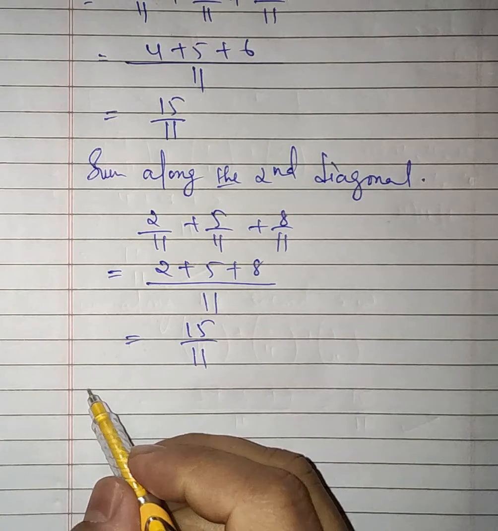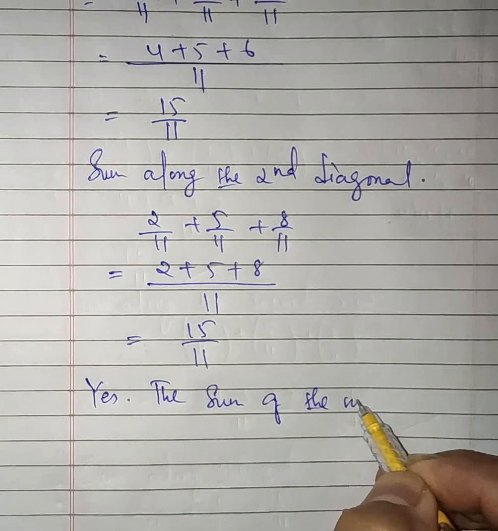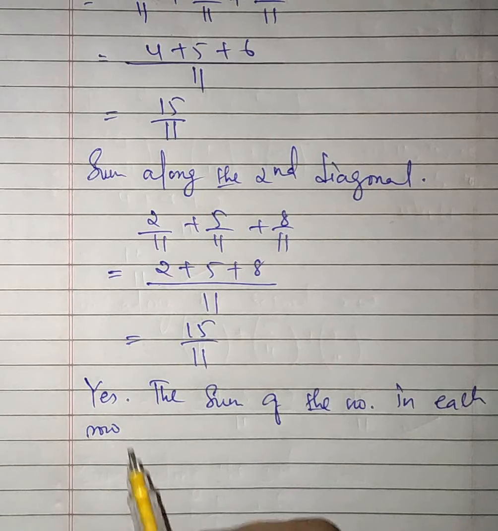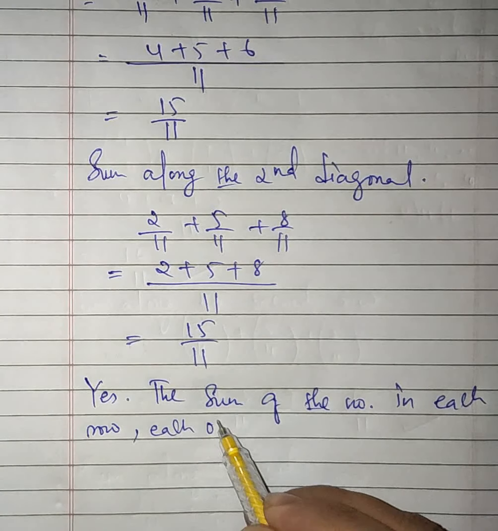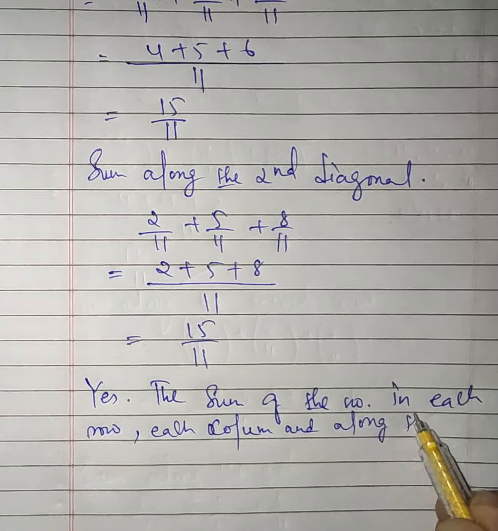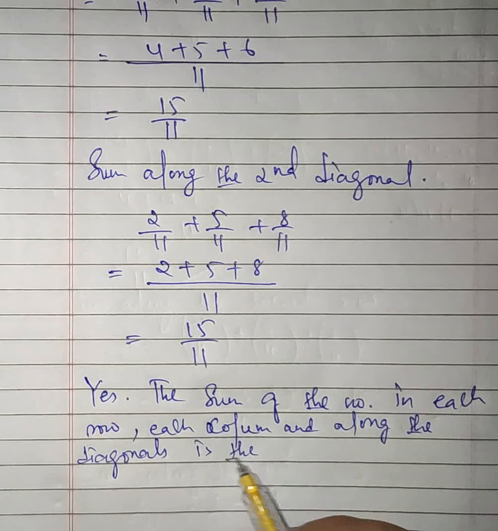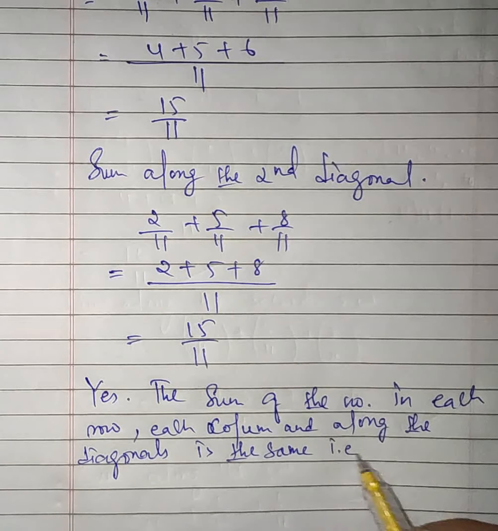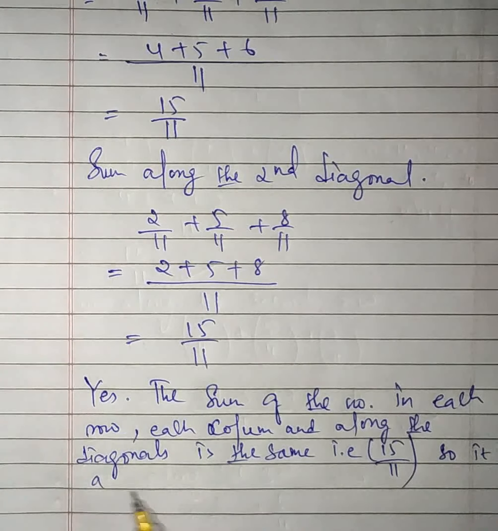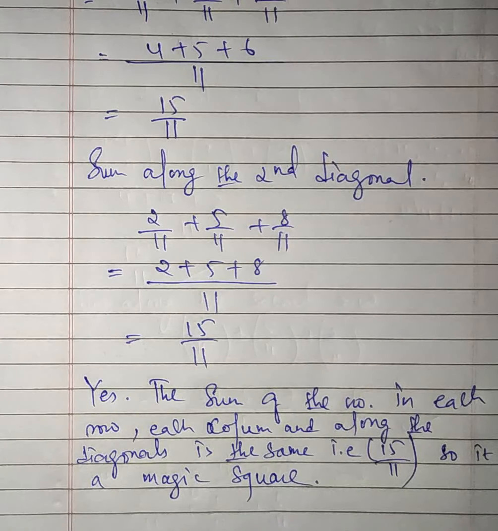So we can write, yes, the sum of the numbers in each row, each column and along the diagonals is the same, right? That is, I'll write 15 by 11 here. So it is a magic square. Alright, I hope you are clear with this.